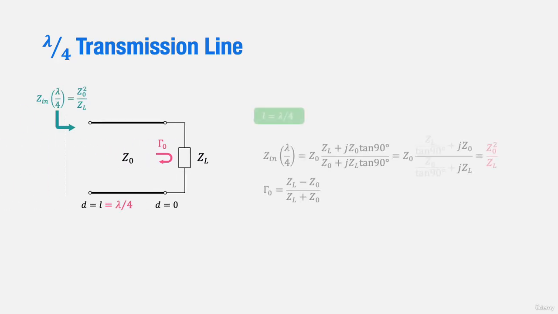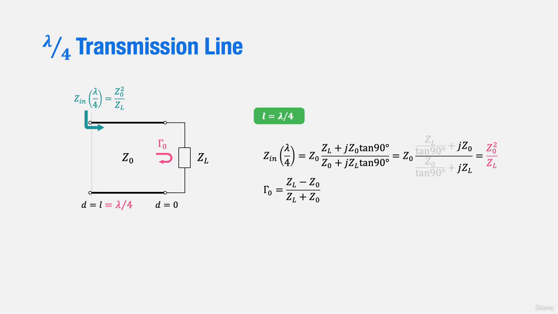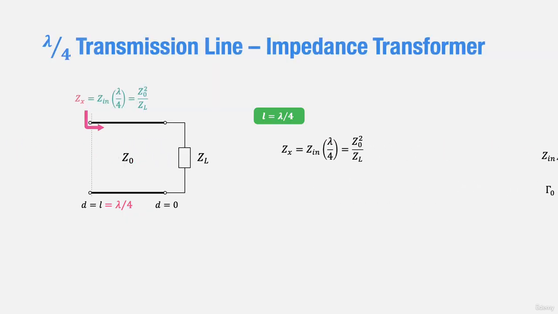Let's now explore the concept of a terminating line when its length is a specific wavelength, particularly quarter-wave and half-wave lines. A quarter-wave line is a well-known real impedance converter.